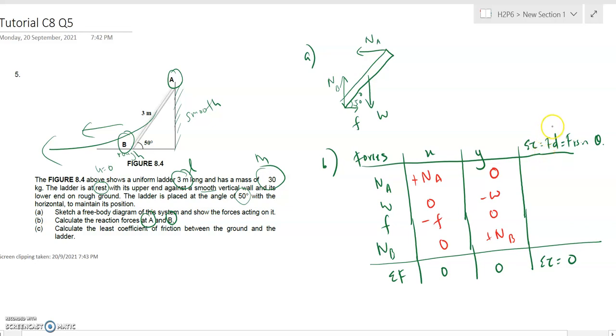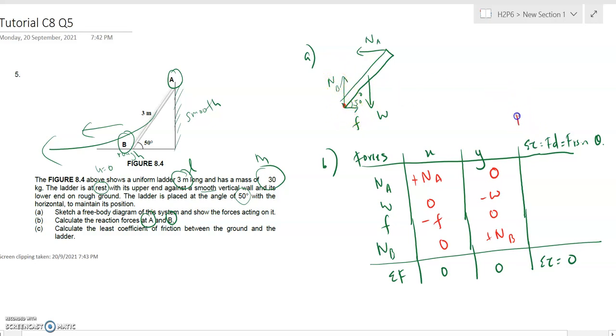First, you need to know the pivot. If the question doesn't give you a pivot, you need to choose the pivot that has many forces acting on it. Looking here, at point B we have two forces, friction and NB, so this is my pivot.